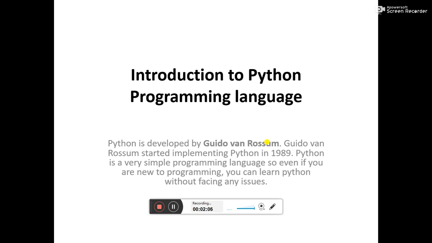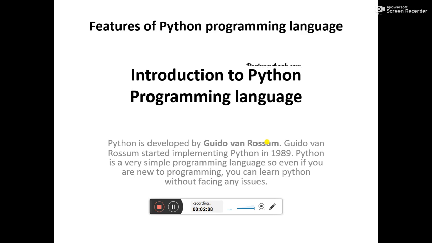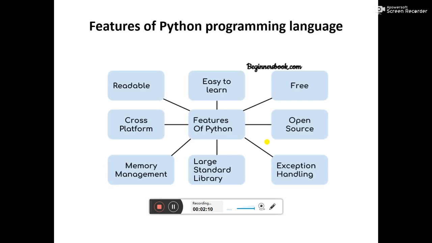Okay, now we start with the features of Python. Before going to the basic building blocks of any programming language like variables, data types and all, first we focus on the highlighting features of this language. It comes with numerous features, but in this slide we just focus on highlighting features of Python.